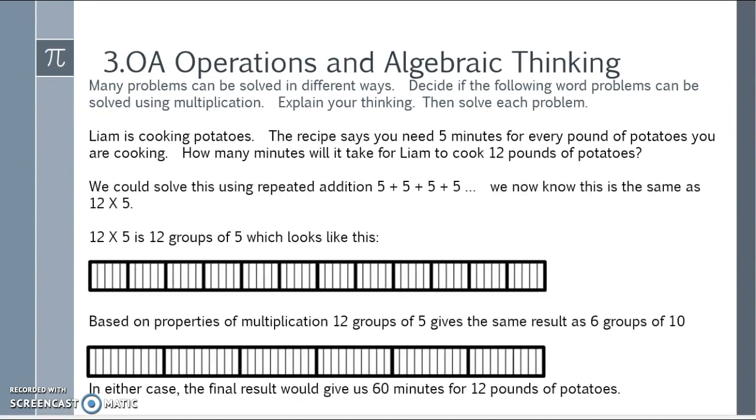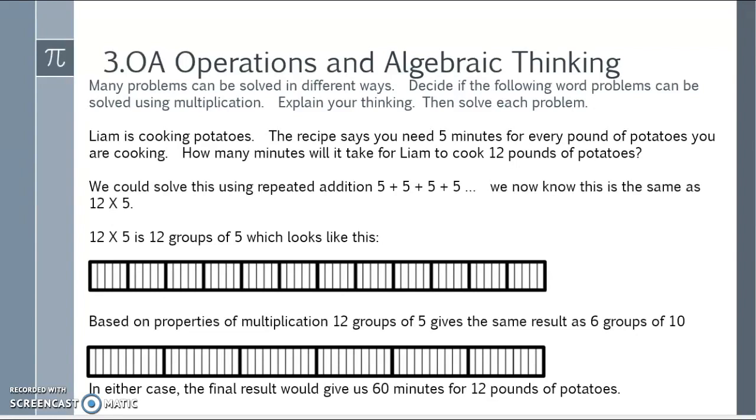I would say that this could be solved by multiplication. We could use this as repeated addition. So 5 plus 5 plus 5 plus 5, 12 times, 5 minutes for each pound. So therefore, repeated addition we know is the same as multiplication. So 12 times 5. We could use base 10 pieces to figure this out. 12 times 5 is 12 groups of 5, which looks like what I've got there.